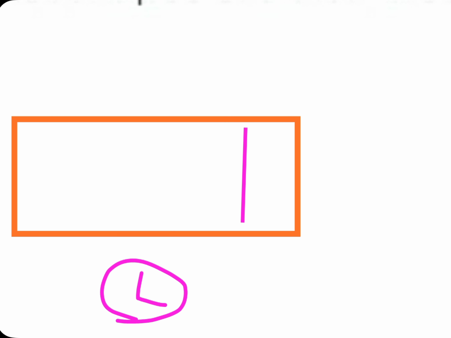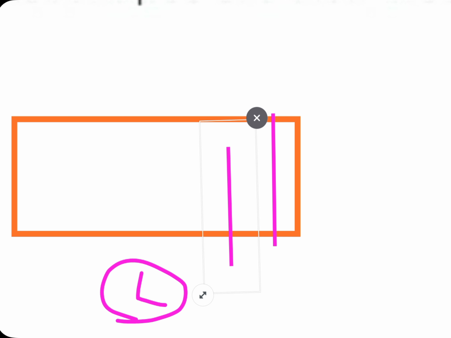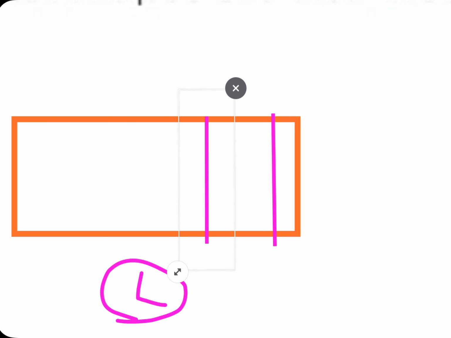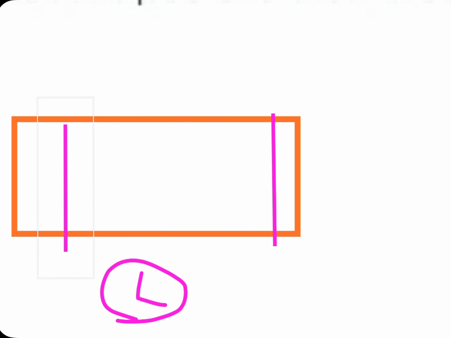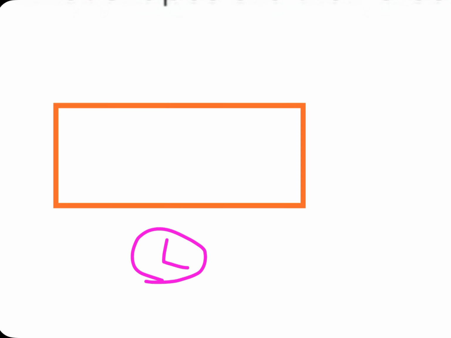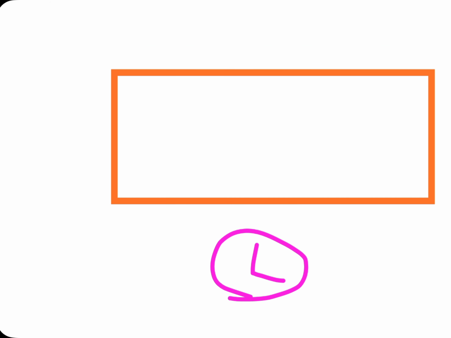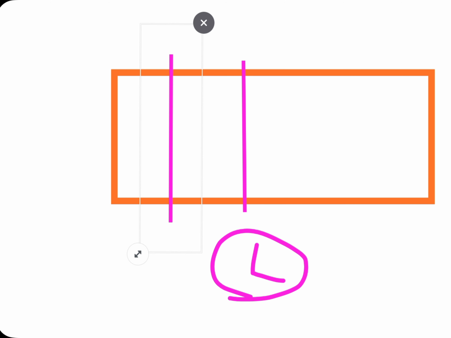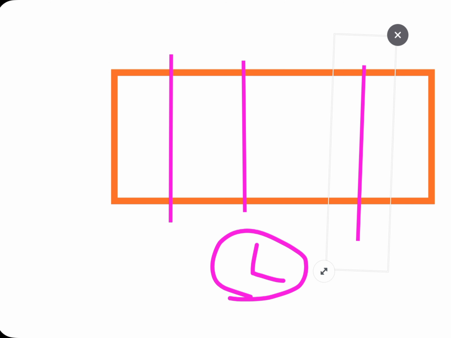If each cross section, for example here, here, any place here, each cross section of the prism itself is at a right angle to the length. For example, if I make a cross section here and here and here, all of them are at a right angle.